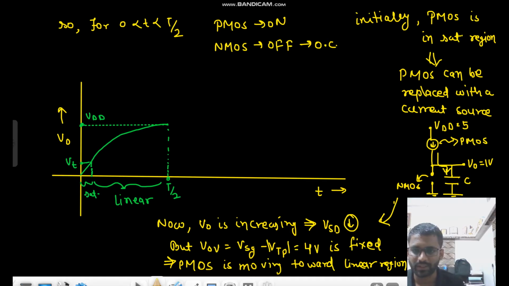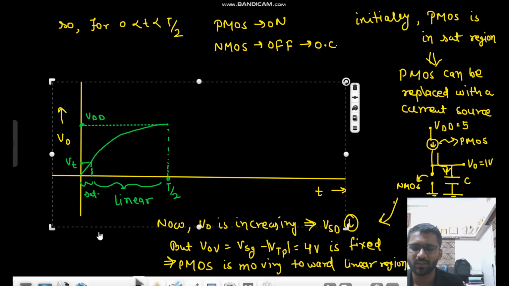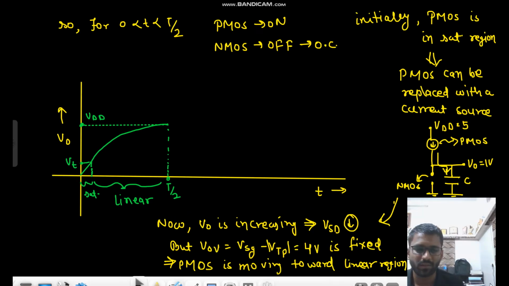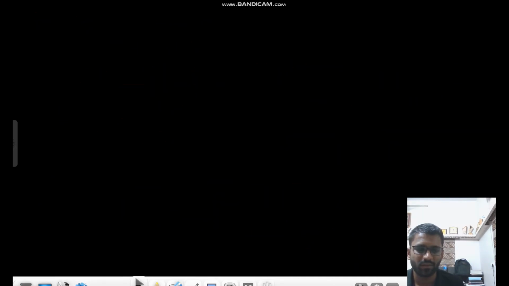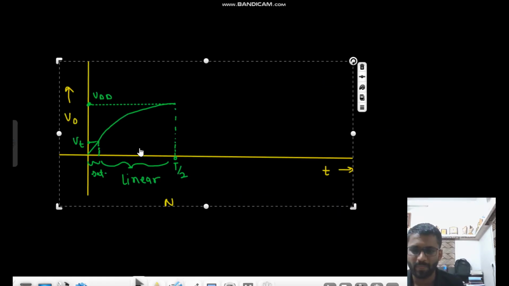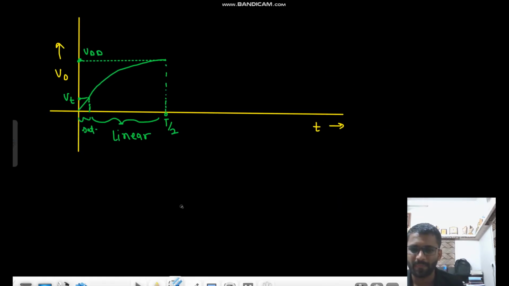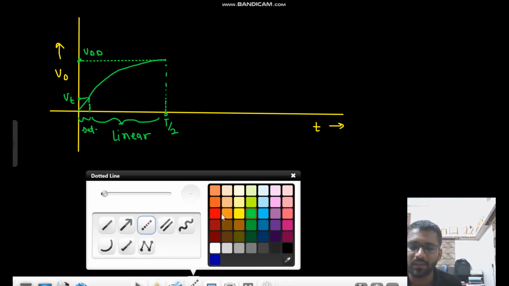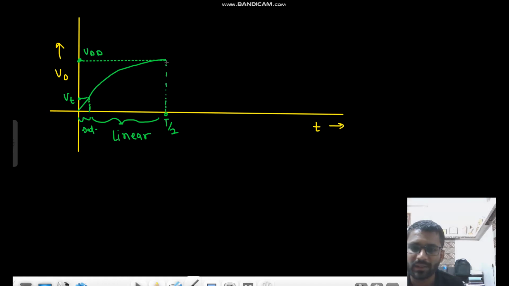What I can do is that I can simply copy this one and paste it here. So first what is happening is that it is linearly coming down, right?